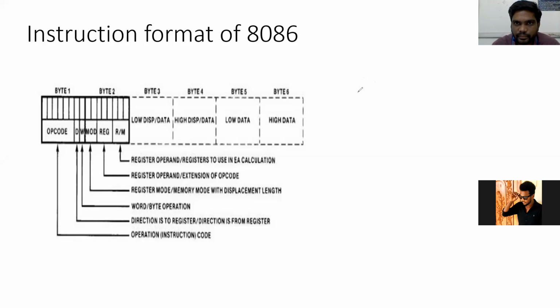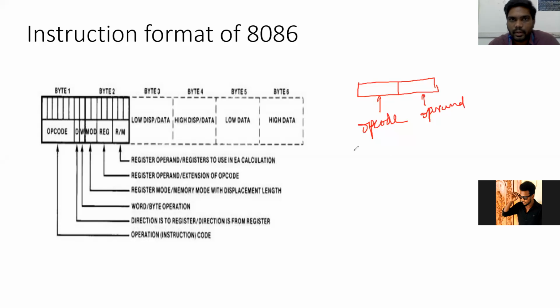That the instruction of 8086 will have two parts. One part is the opcode, and the second part is the operand.